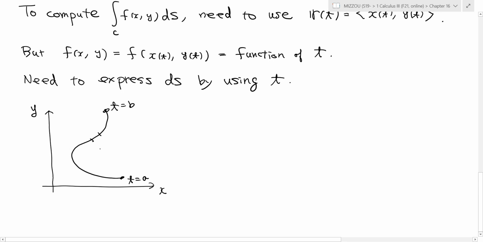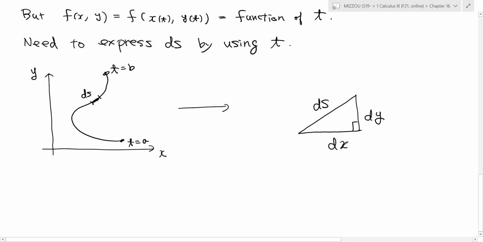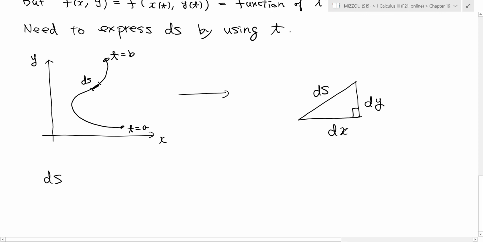And then this is our ds, this portion. By looking at this by using a microscope, what you see is this. ds is approximated as a line. And then as usual, we write the right triangle, where the increase in x is dx, and the increase in y is dy. So, by using the Pythagorean theorem, ds is the square root of dx squared plus dy squared.